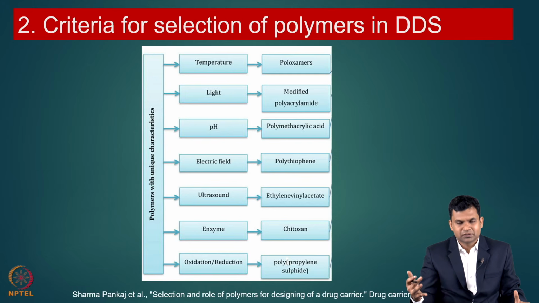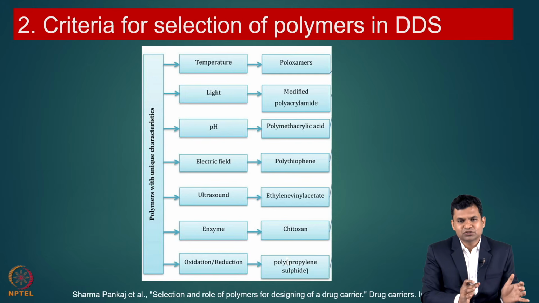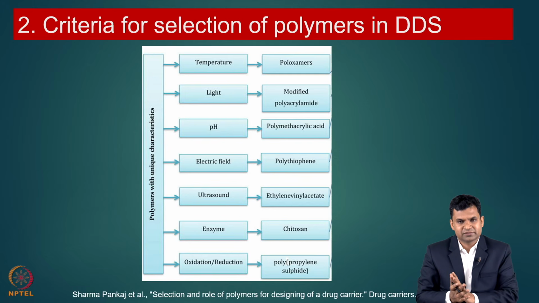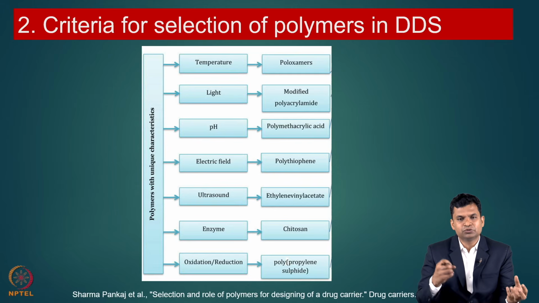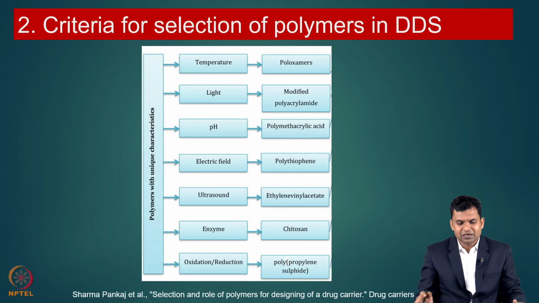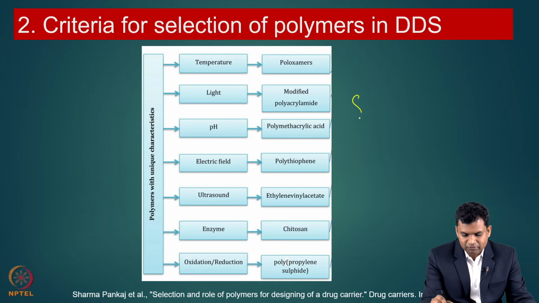It will alter from a soluble phase to an insoluble phase and vice versa. Sometimes when you apply some stimuli or external energy, your system will convert from solution to gel. In other cases, if you decrease or increase the temperature, your gel will convert into the solution phase. These are called stimuli responsive systems.